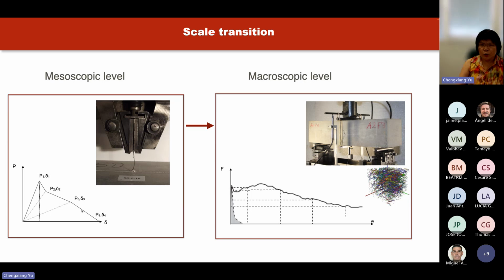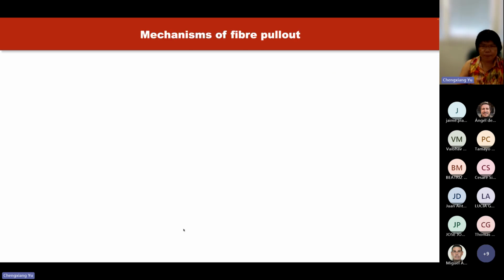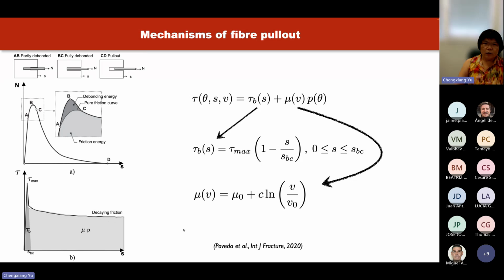On the microscopic level, if we have a 3-point bending test, we can see the loading force versus the deflection. For the mechanisms of fiber pull-out, the pull-out tests that Elisa Pauvet carried out at the University of Nîmes used several pulling speeds, several loading velocities.